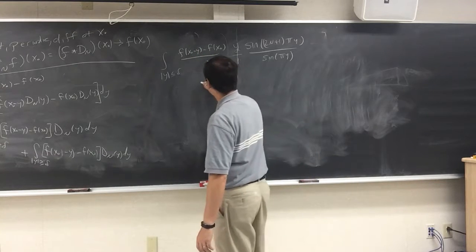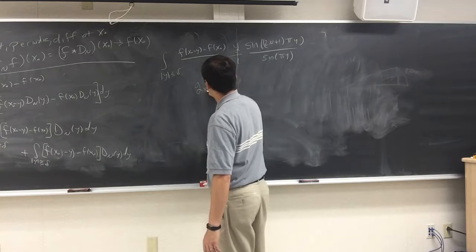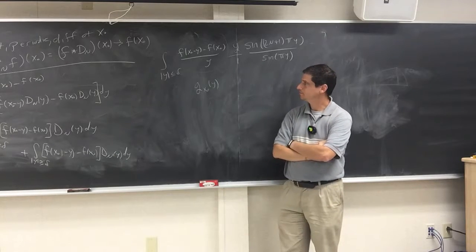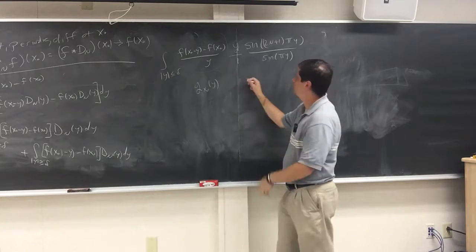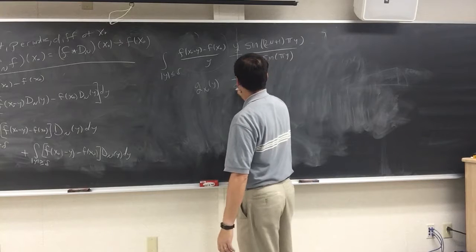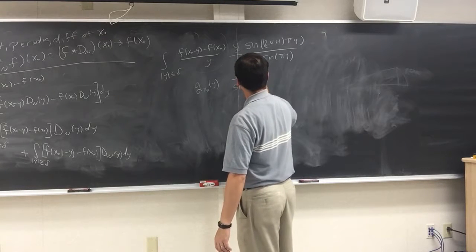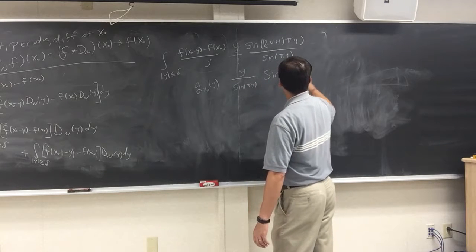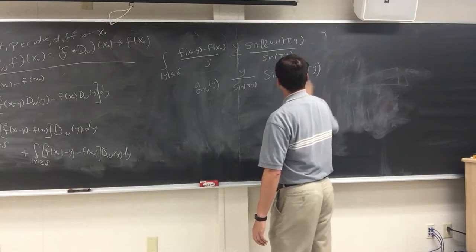This is just some nice function, g of x naught of y. Now what about we then have y over sine pi y, and we have the sine of (2N plus 1) pi y.